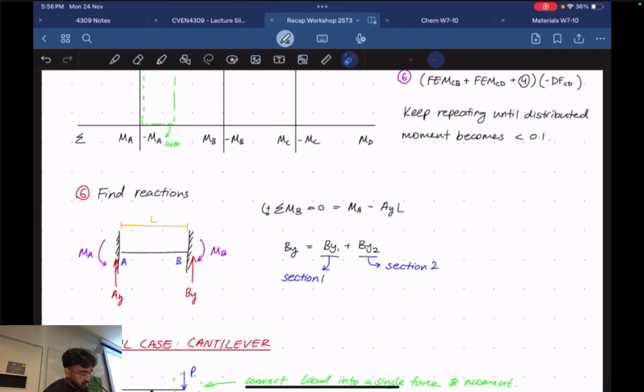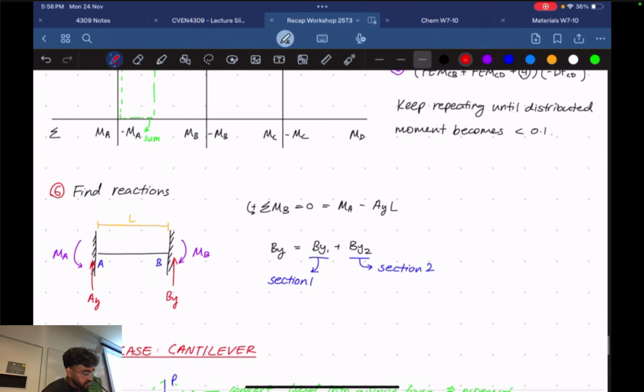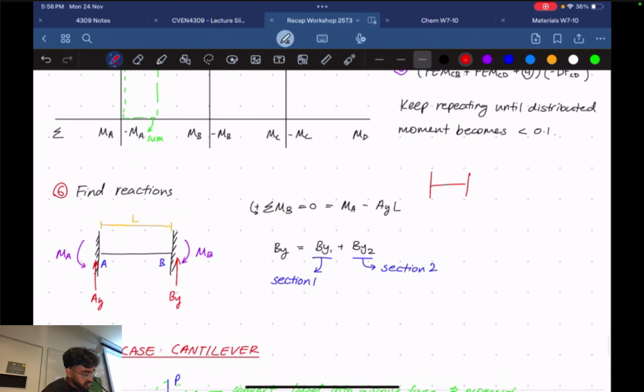Now, just a thing to note, let's say you have multiple sections. So let's say one section here, another section here. So let's say you have A, B, B, C. Something like that. And over here, you're going to have some force here, some force here, some force here, some force here. After you find the reactions, you're going to find AY. However, you're going to find two BY values.